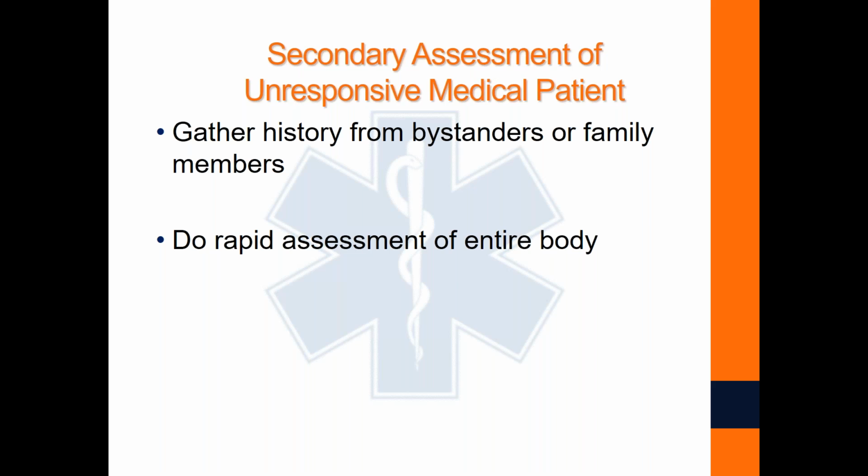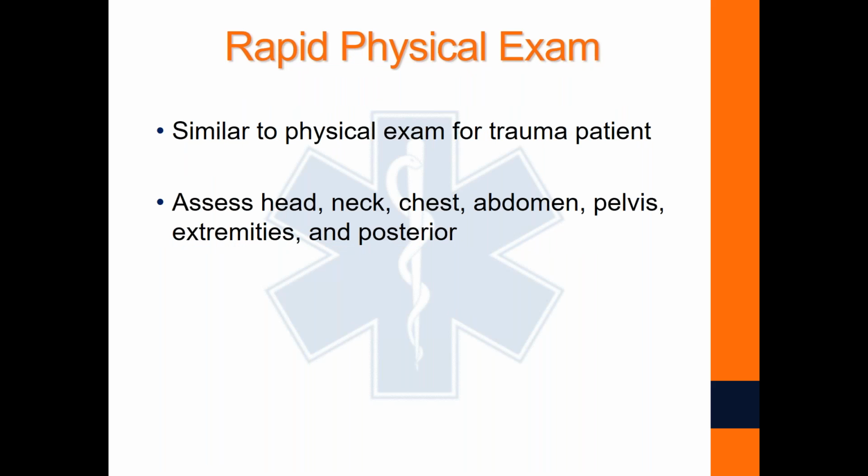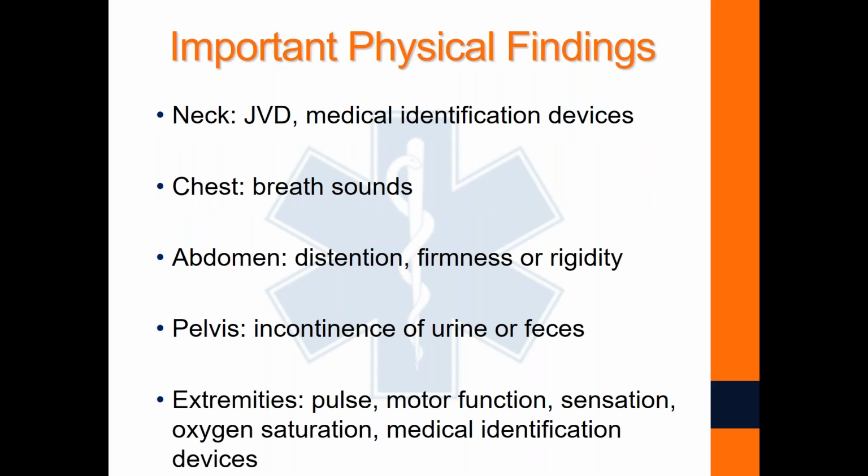Our unresponsive medical patient is very similar to the assessment of a trauma patient. We're still going to get information from family and bystanders if we can, and we do a rapid assessment of the entire body from head to toe. When we look at certain areas on our patient who is unresponsive and of a medical variety, so someone we know was not involved in any sort of traumatic event, we assess the neck for jugular vein distension.